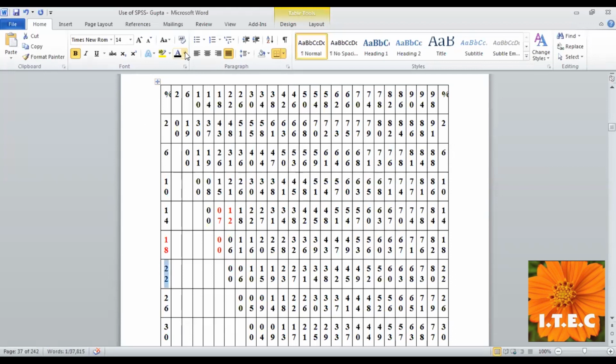So if this is your 22, then the values are here, 22 and 22.